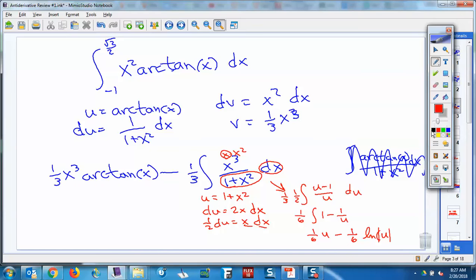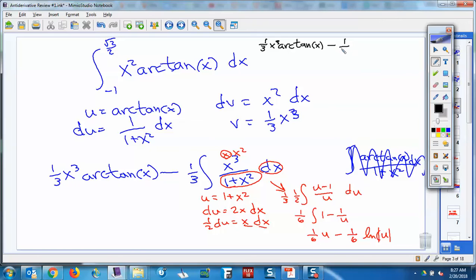Okay, so this is a fun one. All right, so let's start way back here at the left. Let's write it all out. So we got 1/3 x cubed arctan x minus. Now I already took care of this 1/3, but now I got to distribute this minus. So it's going to be minus a 1/6 u.